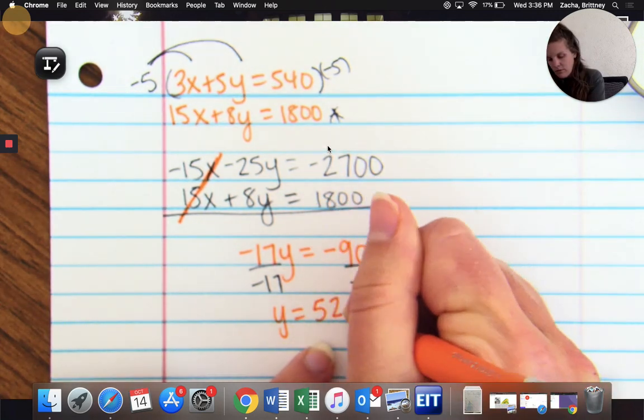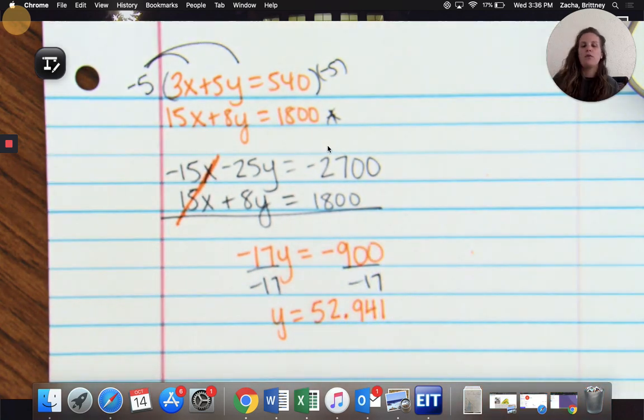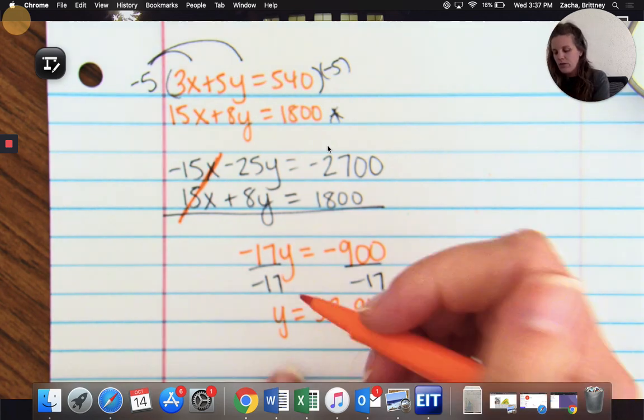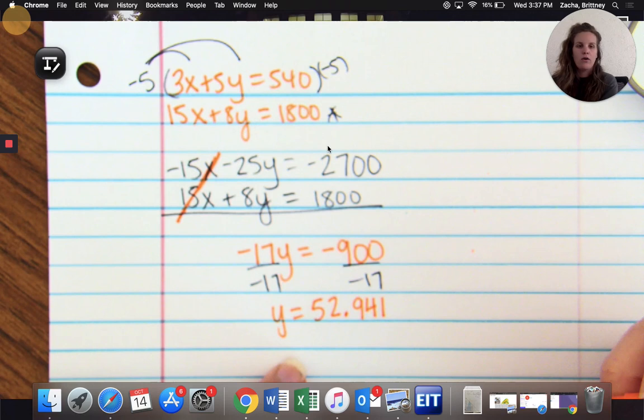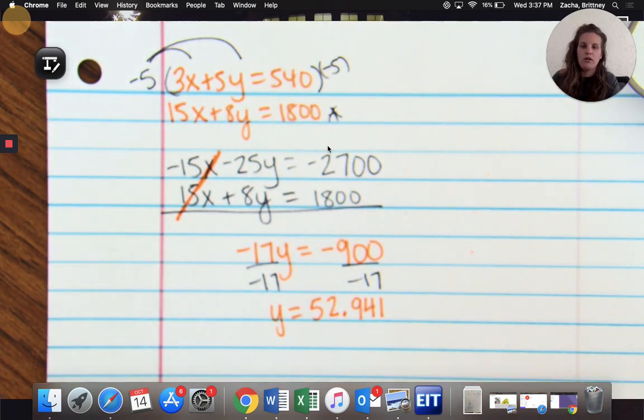So 52 point, I'd round out to at least 3 places. The further out you round, the more accurate your answer will be whenever you go to take this and solve for x. But whenever you go to write your final answer, if this happens to be your final answer, you're going to want to consider if you need to round up or down depending on the problem, okay? So just keep that in mind. For now, go ahead and round out to like 3 places. Don't round to the whole number yet.